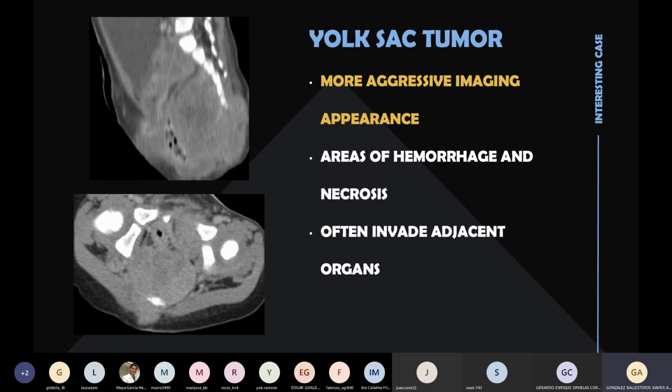Yolk sac tumors demonstrate heterogeneous contrast enhancement and often invade adjacent organs. In these images, we can see the aggressiveness of the tumor. It is expanding outside of the presacral space and eroding the sacral bone.